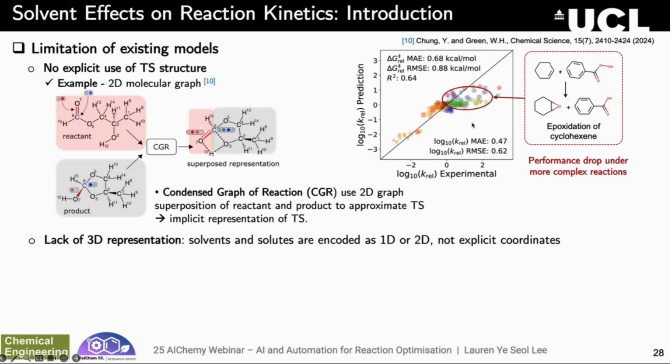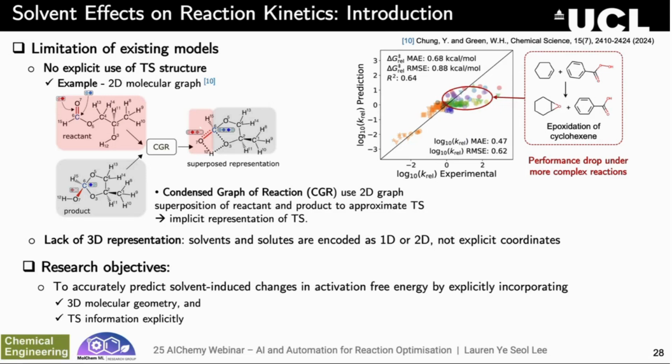And accuracy drops for more complex reactions. And it may show poor generalization and also ignore some steric factors that determine the barrier height. And so the objective of our study is to develop models that predict solvation energy, and so solvent effects in reactions, by incorporating 3D molecular geometry and transition state structure information explicitly.